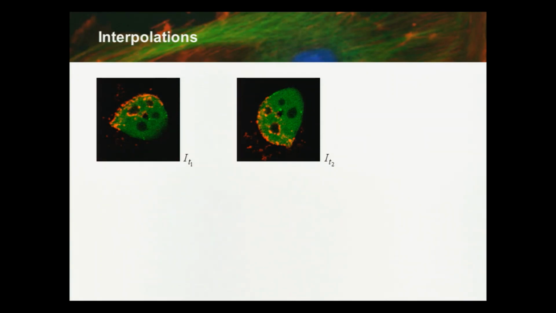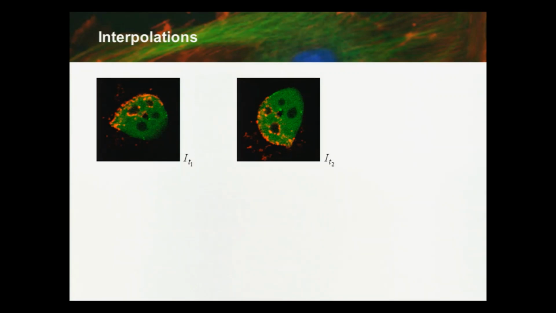So suppose I have an image here. This is from fluorescence microscopy. It's a cell nucleus, and it's from a time series. This is going to come back in a few more slides. And I want to make this second image align with this reference image. Well, you can already guess visually that this is approximately a 90-degree rotation.